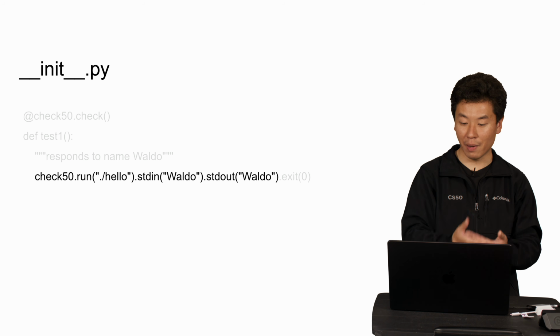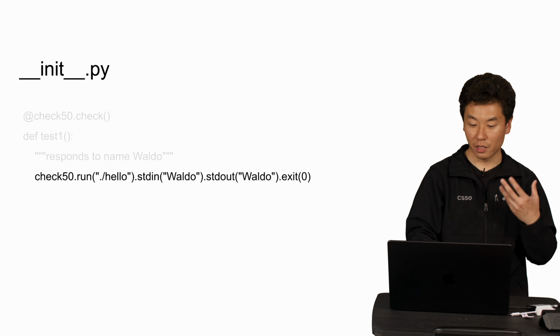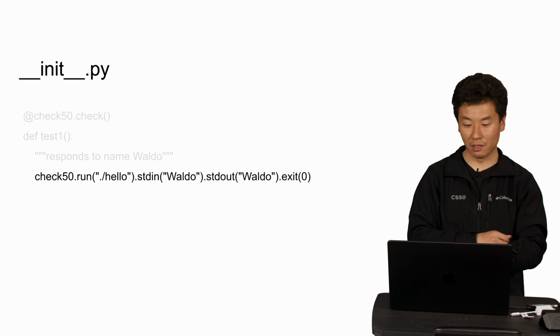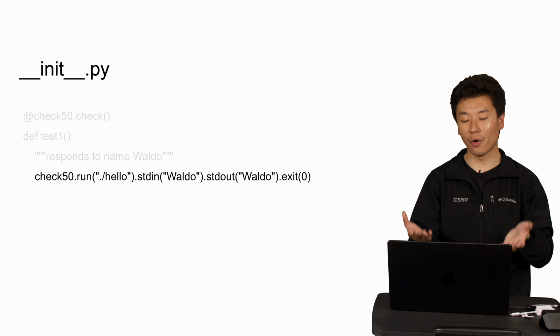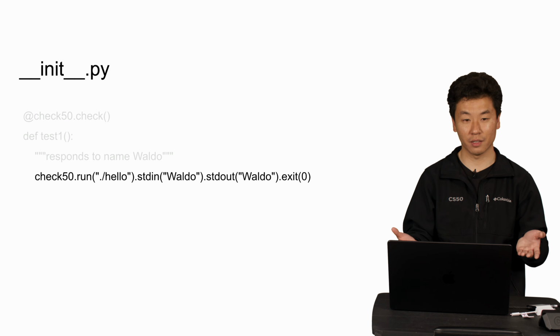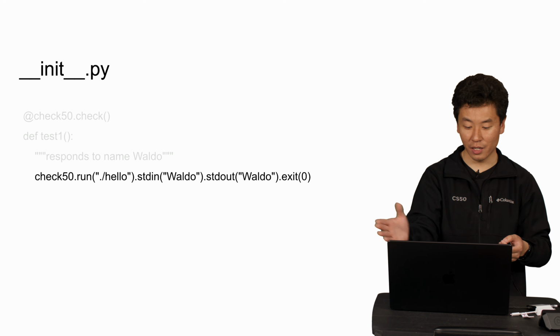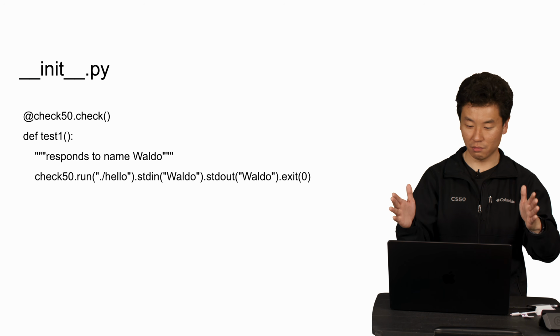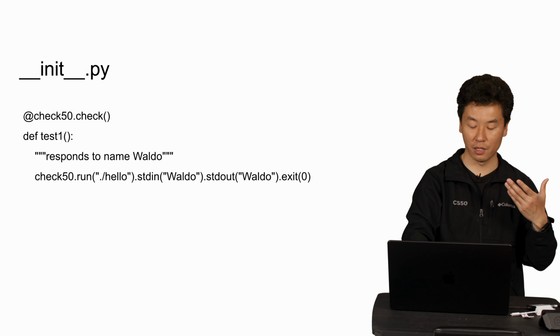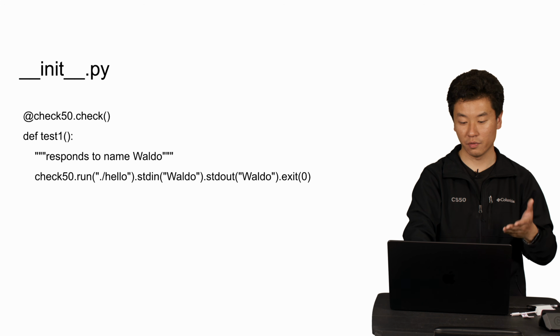So if it passes this check as well, the program should exit gracefully with a status code 0, right? That's the thing we require the student to do, at least for this check. So if everything is in order, the student should pass this check. And this is an example of how you can write a chat50 check for a problem set.